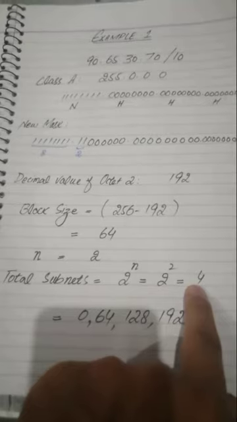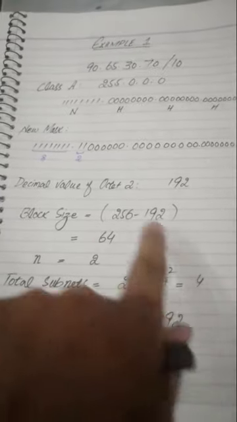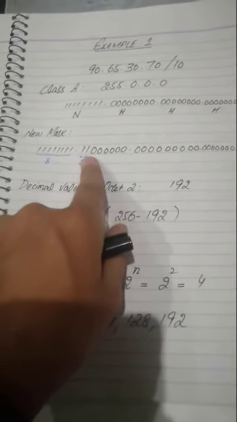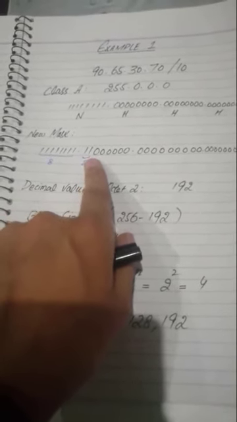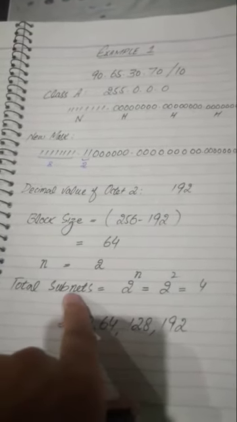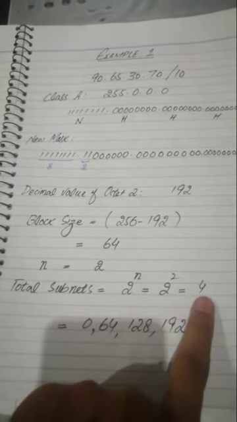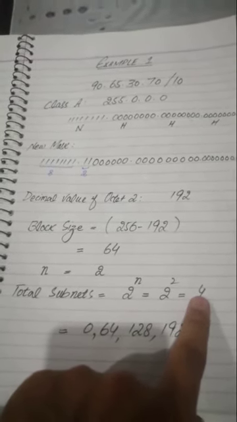This means that if we borrow 2 network bits, we can create a total of 4 subnets. So how can we check which are those 4 subnets?